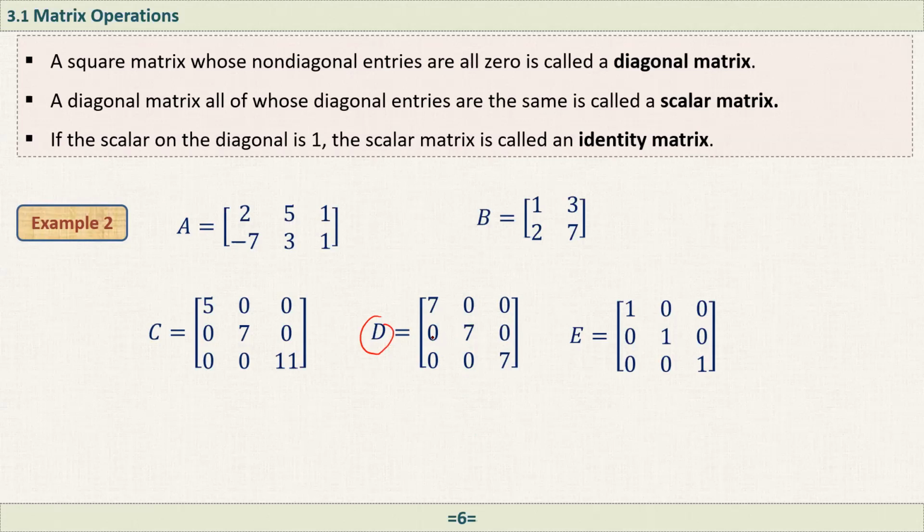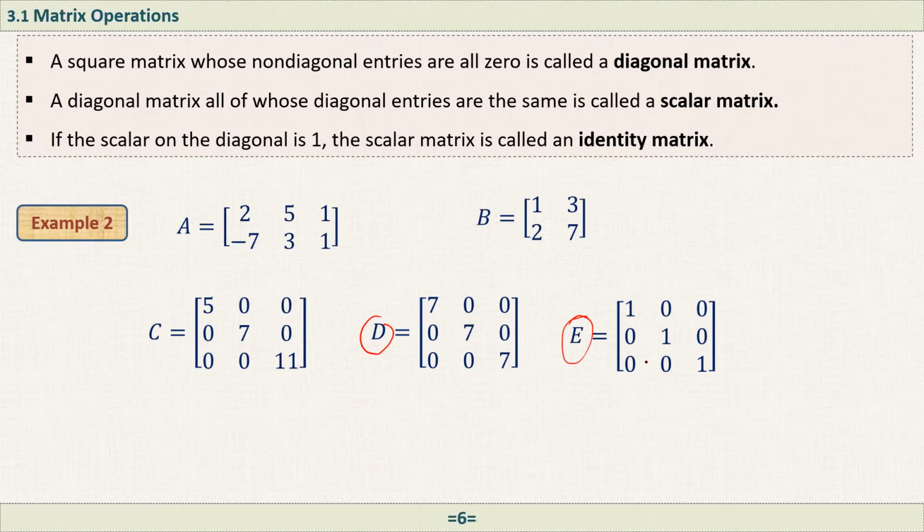That's 0, 0, 0, 0, 0, right? And in the diagonal, they are not all 0. At least one of them is not equal to 0. Then we call this a diagonal matrix. And how about here? This is another example of a diagonal matrix, right? All the entries which are not in the diagonal of the matrix are 0.